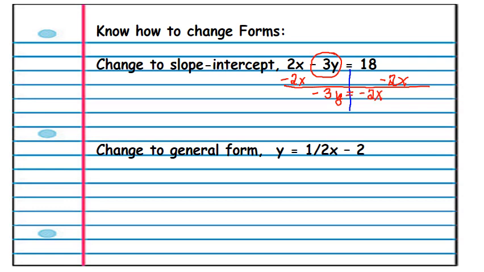I know some teachers do it differently and just go that way, but it's just a good practice to put it into proper form. After all, we're doing forms here.